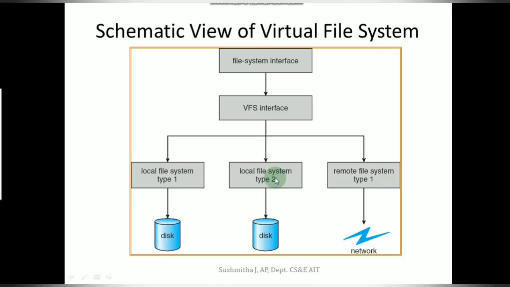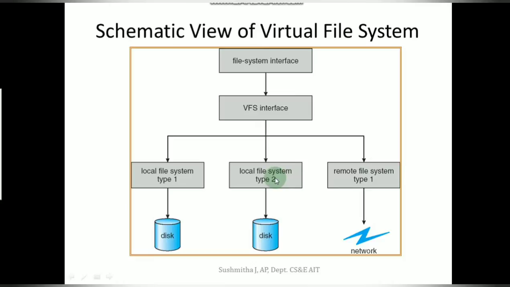So the kernel maintains one vnode structure for each active node. When I say it is a network, there can be multiple nodes. Nodes are nothing but your systems. So there will be a vnode structure that will be maintained for every node.